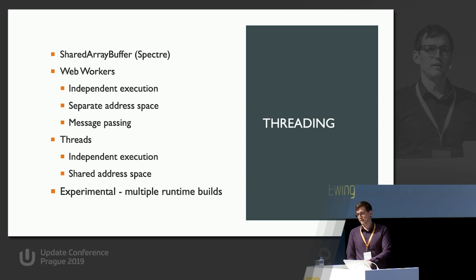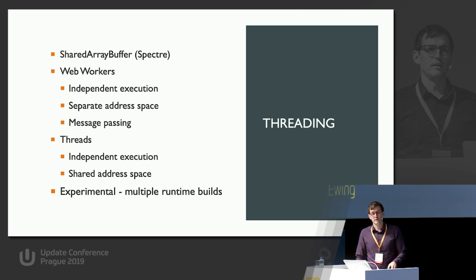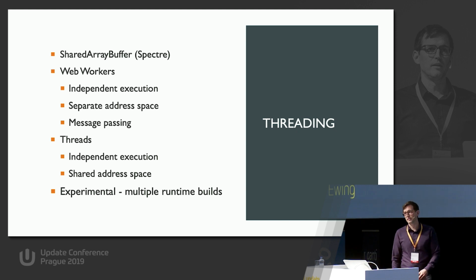This works in JavaScript as well. Ordinarily, communicating with a web worker is message passing, but you can do this same thing and share memory between them. Now, it was turned off due to Spectre. One of the attack vectors was that you could use timing attacks to get inside and figure out what was in the browser memory, so they disabled it for a while.